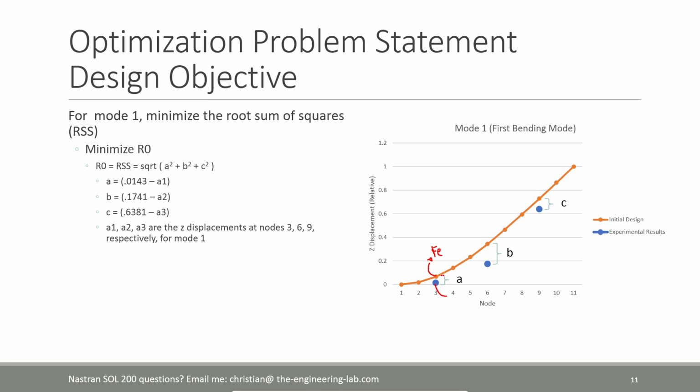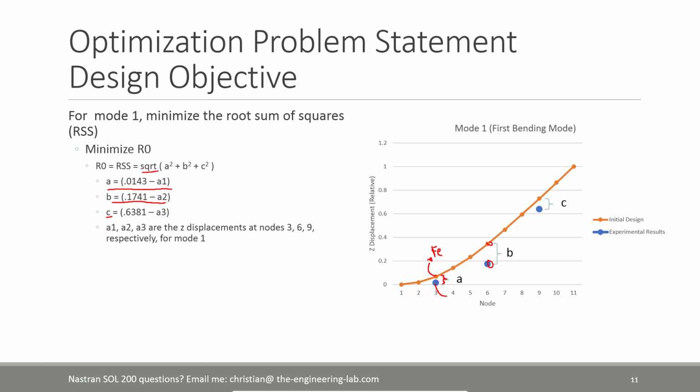So this gap right here is the difference A. So here I've already defined what A is. The FE solution gave me 0.0143 for the relative Z displacement. Here for node 6, the FE model gave me a solution of 0.1741 for the Z relative displacement, and the same can be done for C. Again, think of these as the difference between the FE and the experimental solution here.